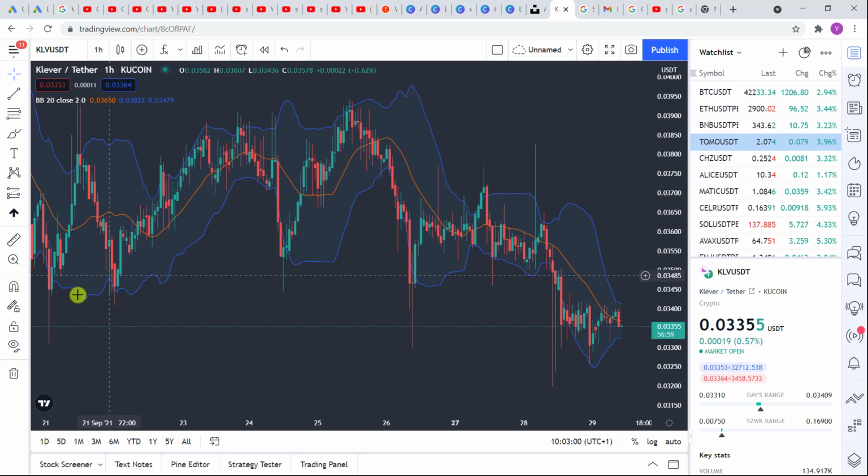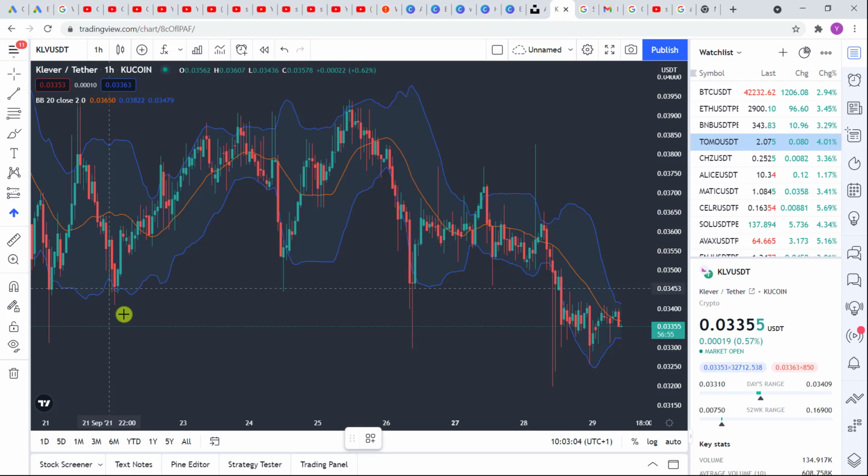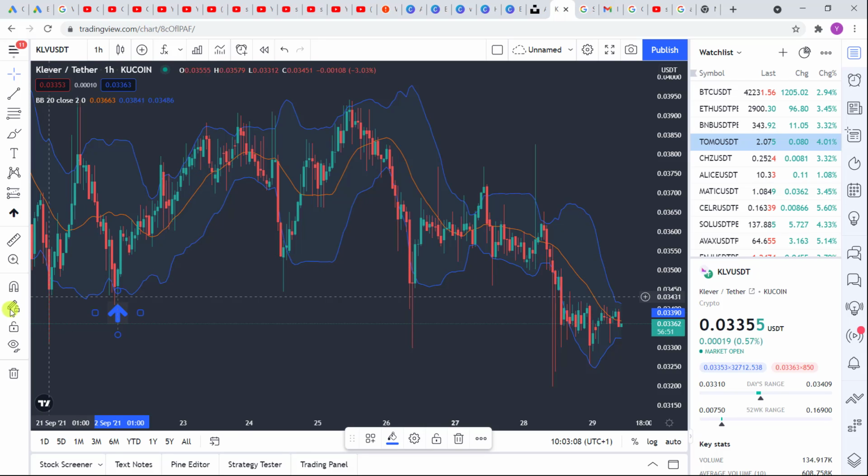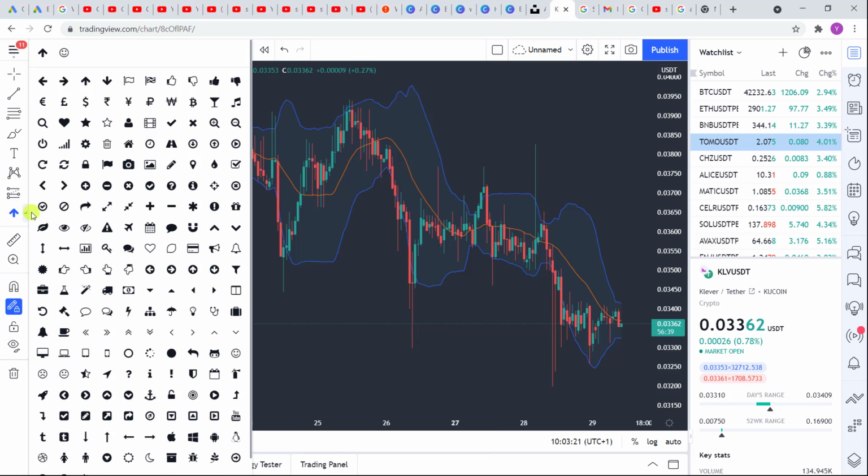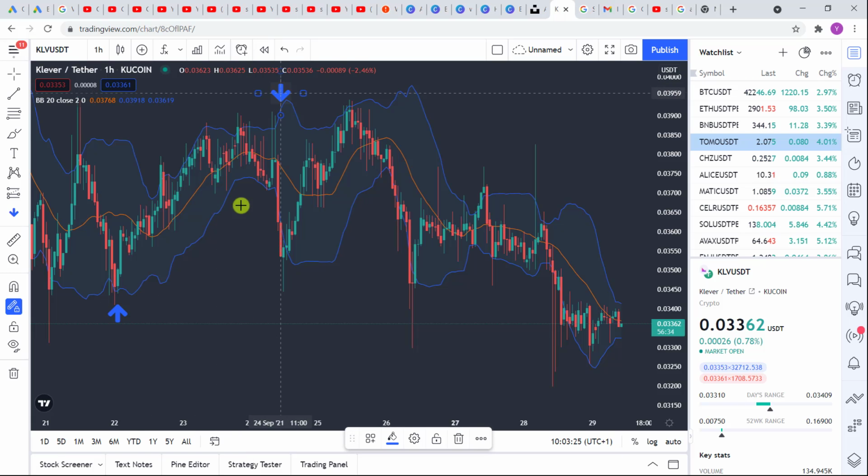So for example, from this particular point here to somewhere around here, the market was in an uptrend.